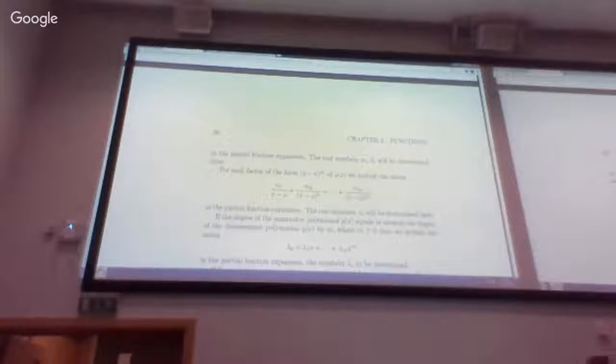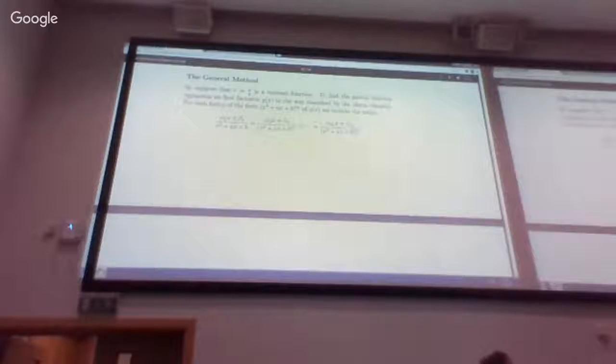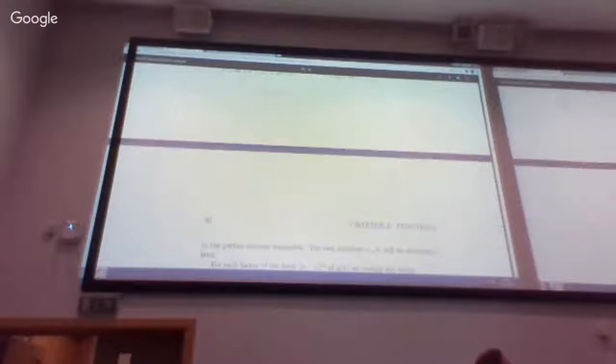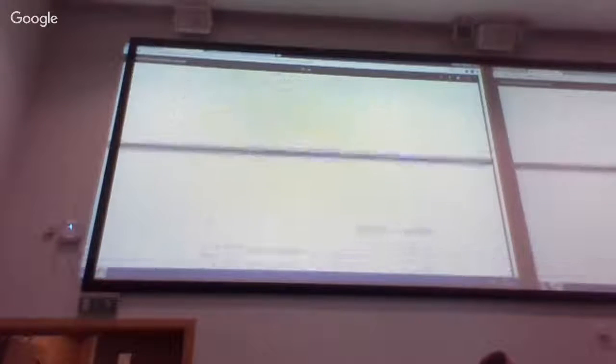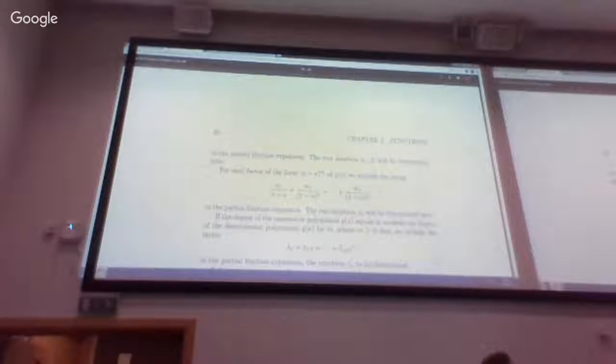You just have some collection, alpha 1, alpha 2, up to alpha n, just some bunch of unknown constants. So these alphas appearing over the x minus a will not, of course, be the same as these alphas here. I'm just using the same letter again. Okay. So each irreducible quadratic factor generates a bunch of these, the number of them dictated by the value of the exponent. And each linear factor x minus a of Q yields a bunch of these, the number of them dictated by whatever the exponent n is. Okay.